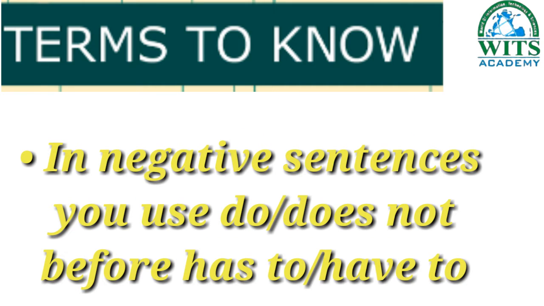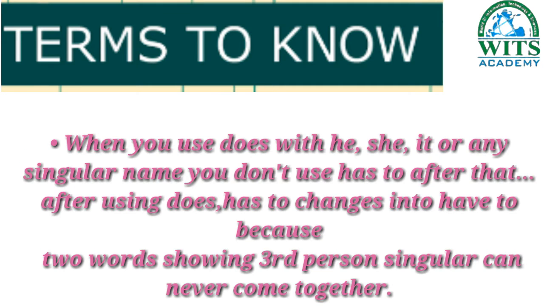Number 3, in negative sentences, you use do or does not before has to or have to. Number 4, when you use does with he, she, it, or any singular name, you don't use has to after that. After using does, has to changes into have to because two words showing third person singular can never come together.